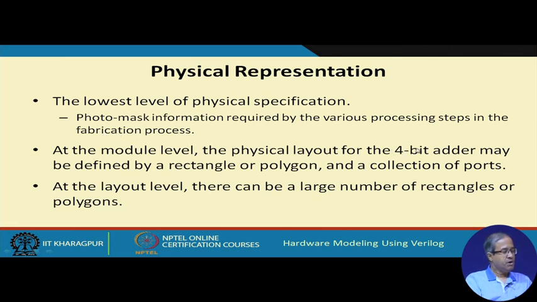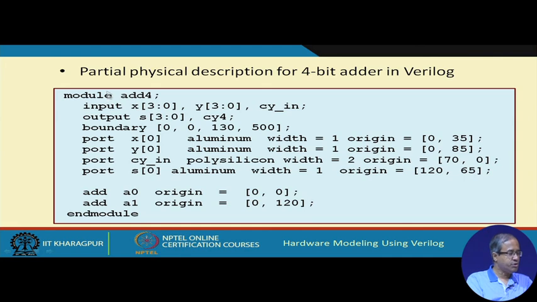Now, this 4-bit adder is the way we look at it from the structural point of view, but from the physical point of view there will be a large number of rectangles or polygons. So, this also can be specified in Verilog. I am just showing you an example, this is not the complete description, just a partial description for the adder.